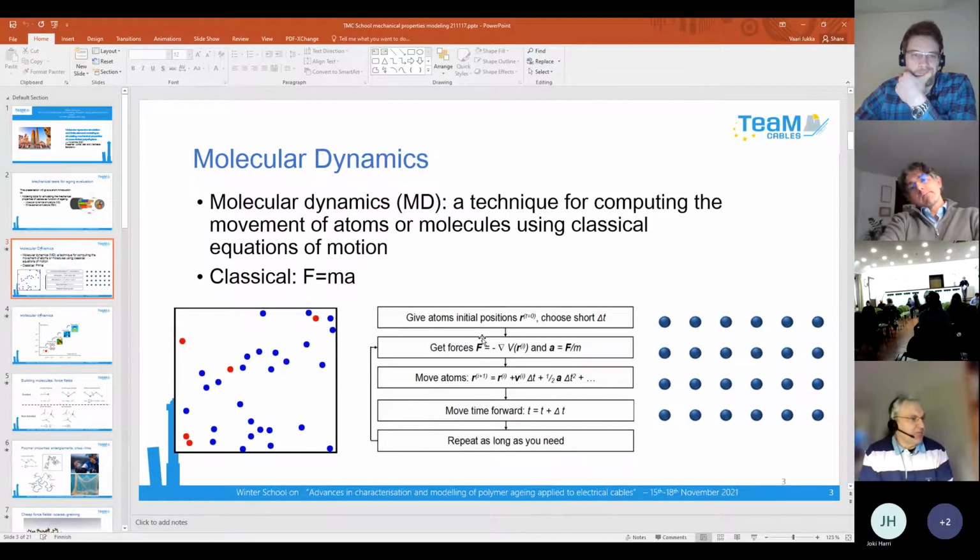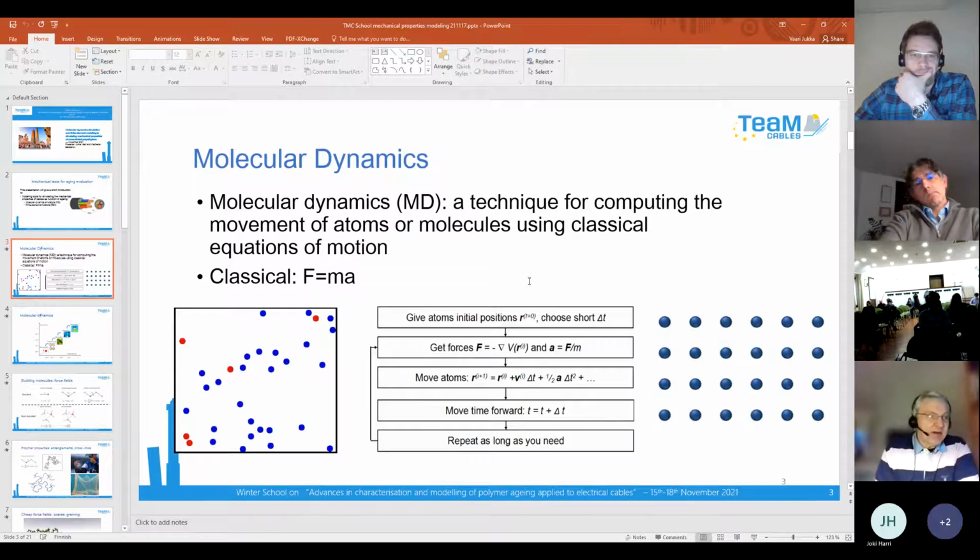And once we have the force, we can calculate the acceleration. And once we have the acceleration, we can then move these atoms from one position to another. And we repeat this very simple loop until we observe something interesting, or then we don't.